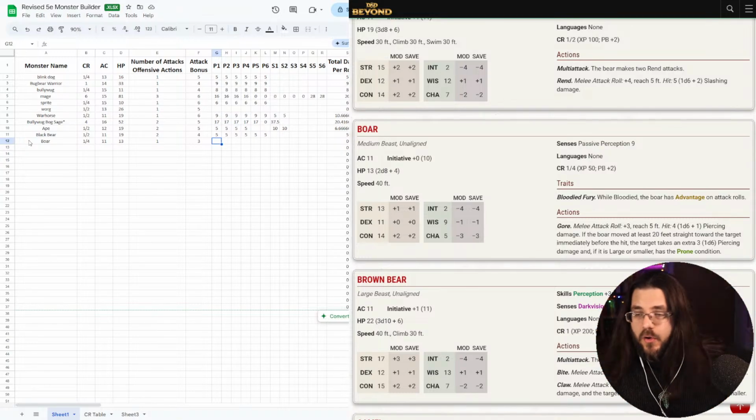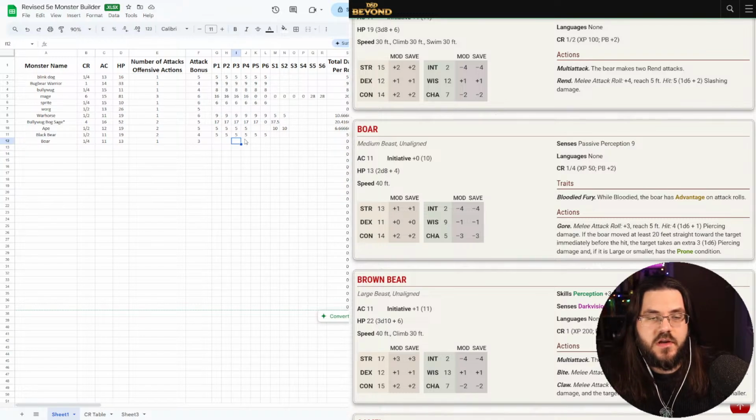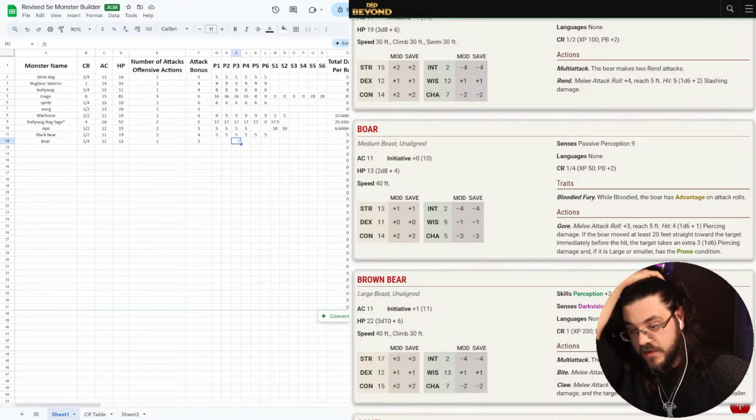Right, the ball. The ball's goal. While bloodied, the ball has advantage. So let's say the ball is going to be bloodied after like 2 turns. It's not really going to make a difference to its damage output, so it's just going to be 4 damage, right?